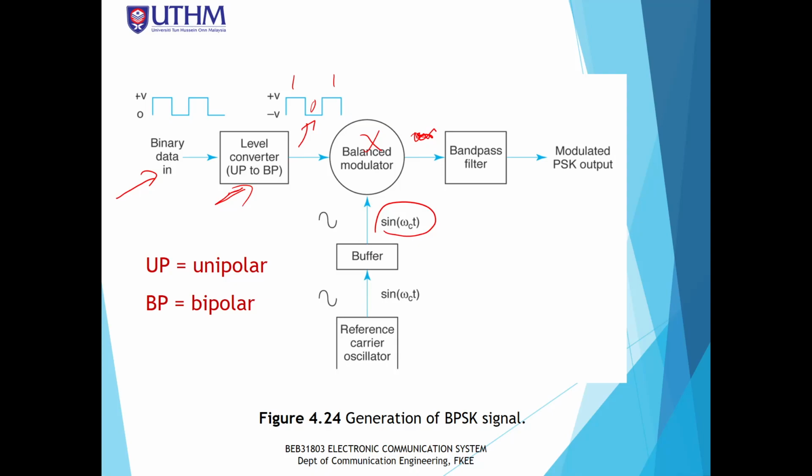The output is positive voltage multiplied with sine, which produces a positive sine, and if you multiply negative voltage with sine, you produce a negative sine, which is inverted like this. So you have a positive sine and a negative sine wave, and then we can use a band pass filter to select which waveform we want, and then we transmit.